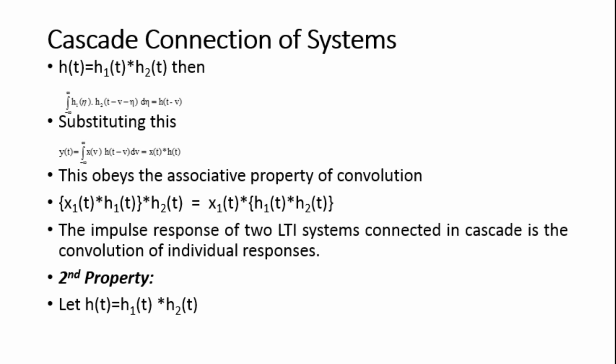This obeys the associative property of convolution, that is x1 of t star h1 of t star h2 of t is equal to x1 of t star the convolution of h1 of t and h2 of t. The impulse response of two LTI systems connected in cascade is the convolution of the individual responses.